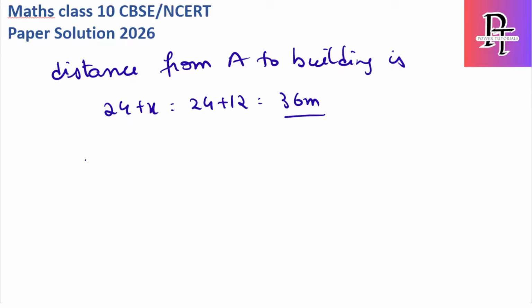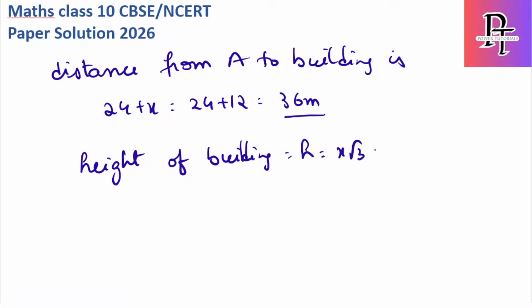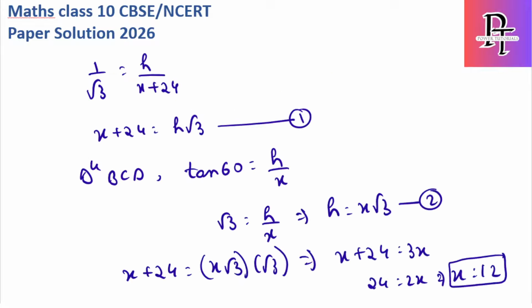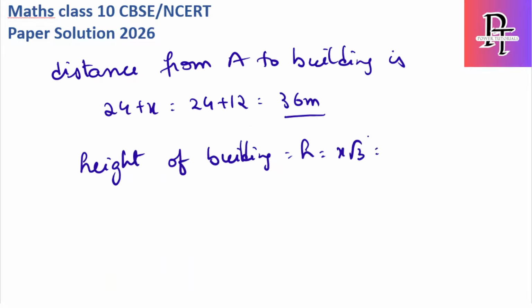What about the height of the building? Height of the building is h. h is nothing but x√3. x√3 or x by √3? x√3. Here x is 12, so 12√3. The question says to take √3 as 1.73.